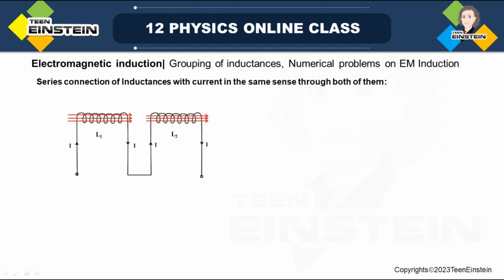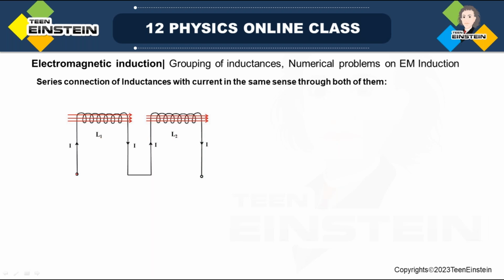The inductance of the first coil is L1 and the inductance of the second coil is L2, and they have a coefficient of mutual coupling, that is M. The series combination results in two different effects. They can be connected in such a way that the current in both the coils will be flowing in the same direction.